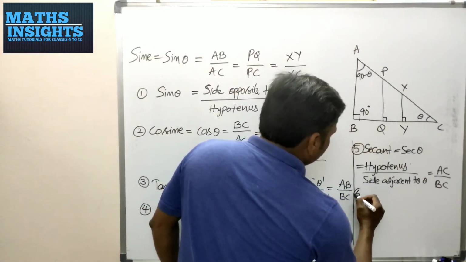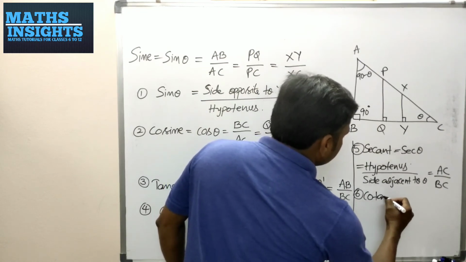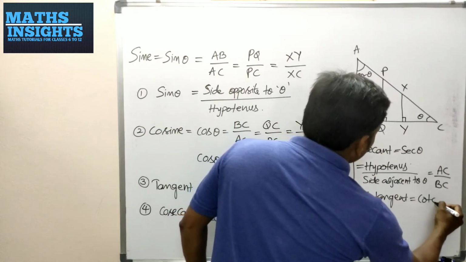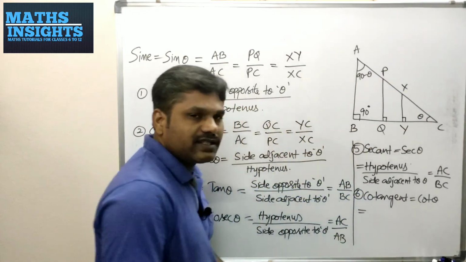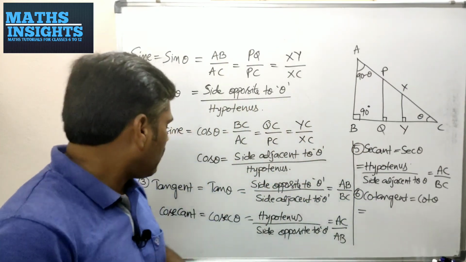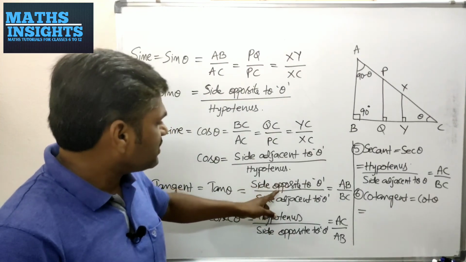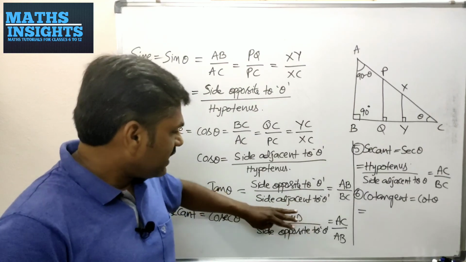And the last one is cotangent. This is simply written as cot theta. Cot theta is the reciprocal of the already defined tangent theta. Tangent is defined as the side opposite by the side adjacent.